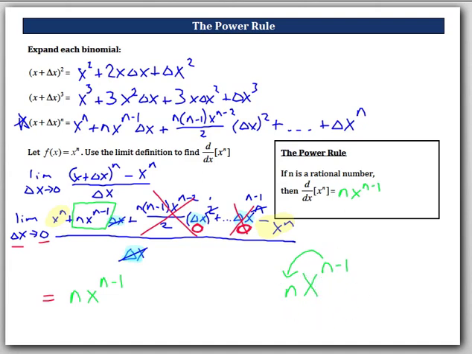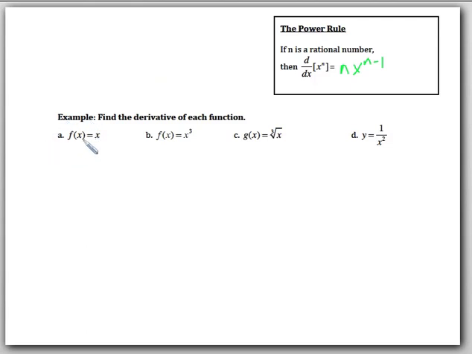All right, let's try a few examples. So if we think about our first function, it's just x. And when we do this, this is really x to the first power. So if we're going to find our derivative, that 1 is going to come in front and multiply the x. And then we're going to have 1 minus 1 on the top.